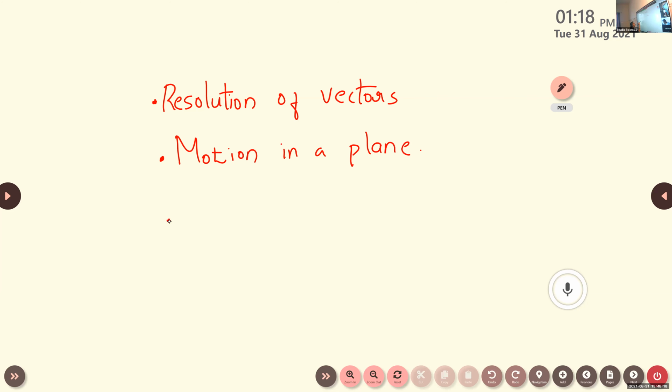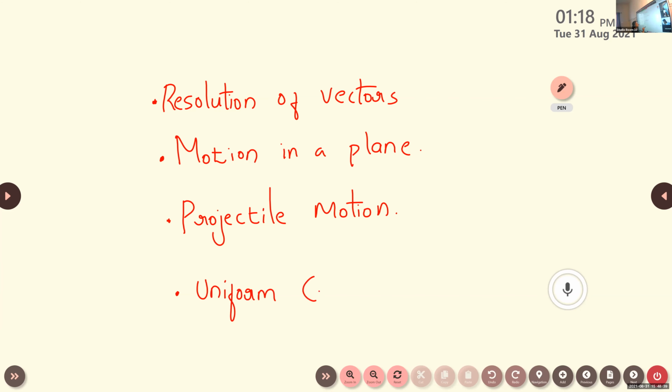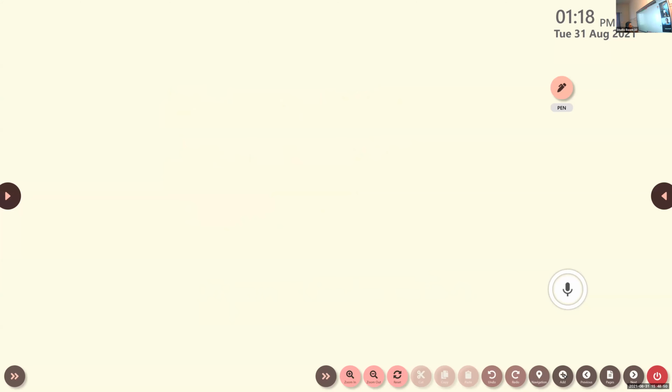Then we discuss projectile motion, which is one of the applications of the motion of an object in a plane. And the last one is uniform circular motion. So this is the complete picture of the chapter.